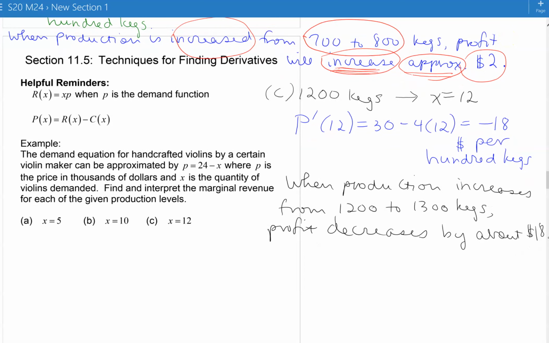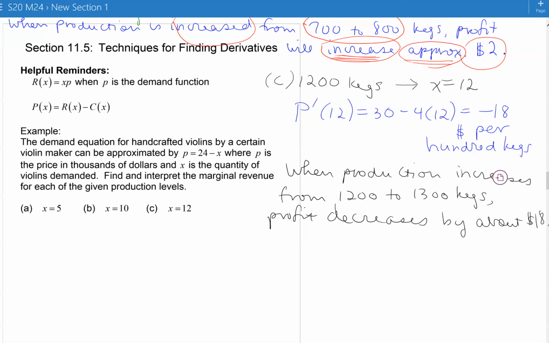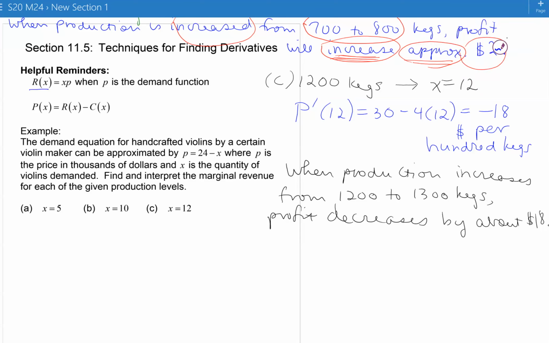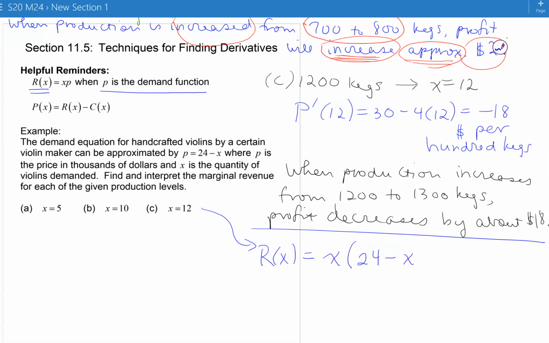Okay, so I have another example here to illustrate another nuance. So in this problem, I wanted to remind you that you can find the revenue function if you're given the demand function, which is the price per each, by multiplying the price function by x. So for this example, the revenue function is going to equal x times the price function, which is 24 minus x.